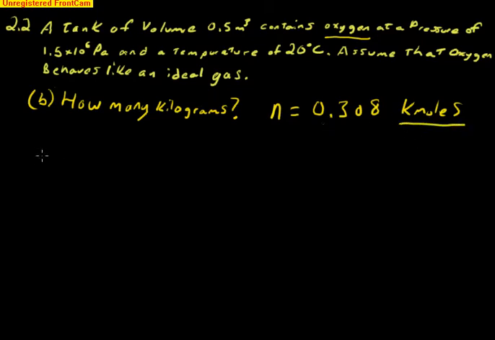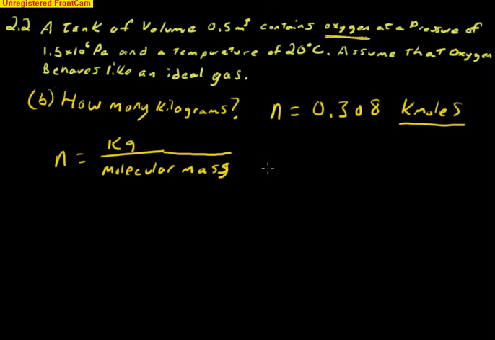Just to give you a little idea on this, where does N come from? We could say it is the mass in kilograms over the molecular mass. And what is the molecular mass? Well, what are we talking about here? We're talking about oxygen.